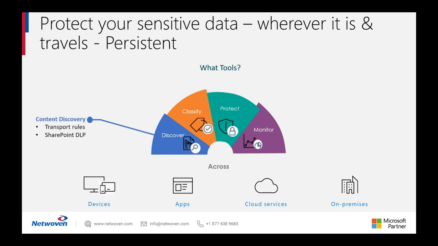What that means is, if I've got, let's say, a Word document or Excel document, it's protected by the policies that we've set for that organization. That information of the protection travels with the file.